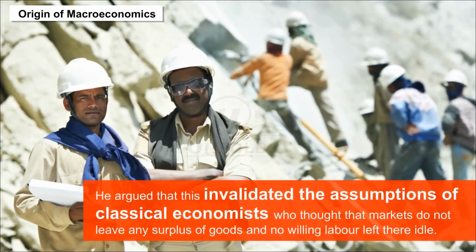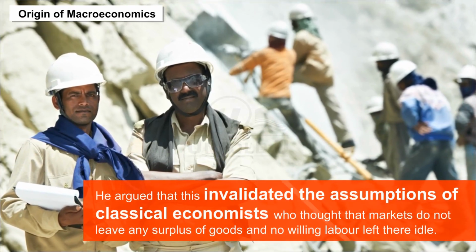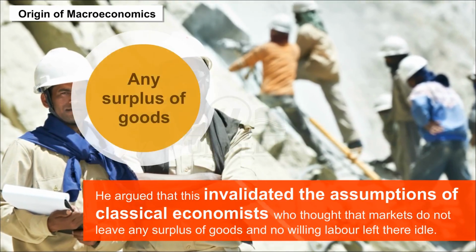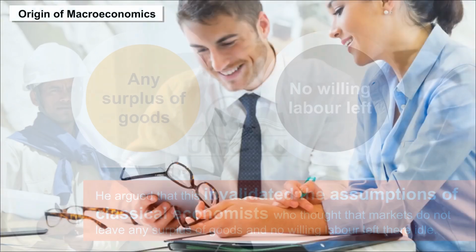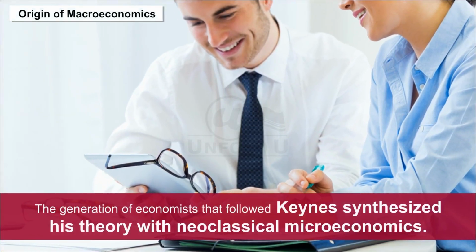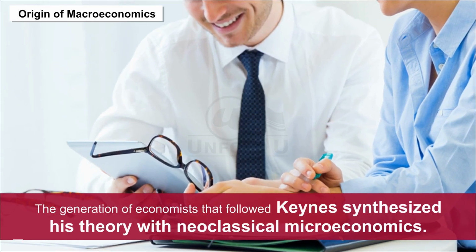He argued that this invalidated the assumption of classical economists who thought that markets do not leave any surplus of goods and no willing labor left idle. The generation of economists that followed Keynes synthesized his theory with neoclassical microeconomics.